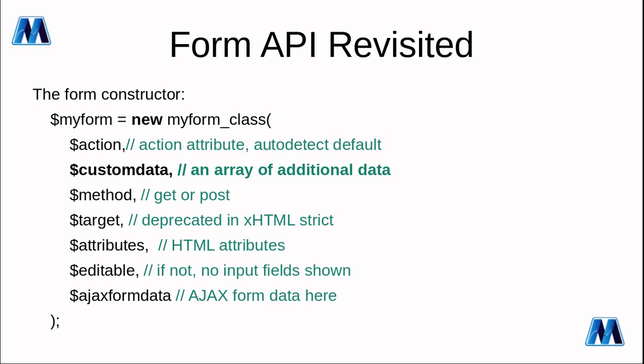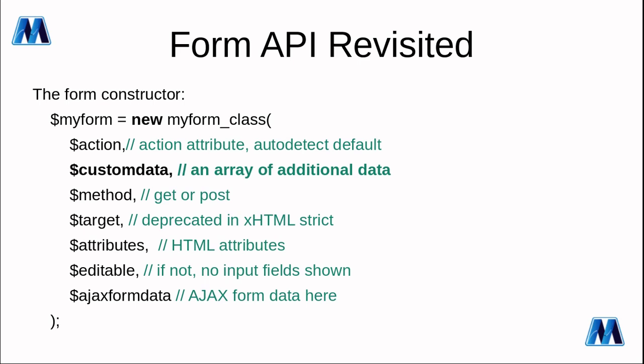So when you, in your code, want to work with forms, you get an instance of the form class, and the parameters you pass through are all optional, but these are the standard parameters. Action, which is auto detect by default, it works it out. That would be the URL to which the form is going to be submitted. Custom data, and I bolded that because that's an important piece of data that you will use quite commonly, because that's how you pass data to the form, data that can be used within the form itself.